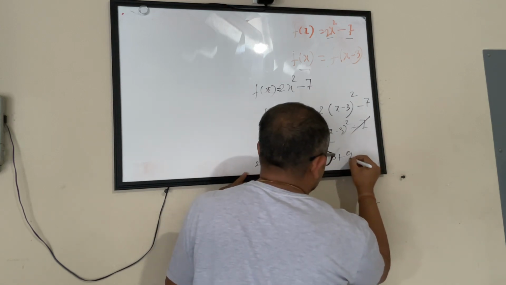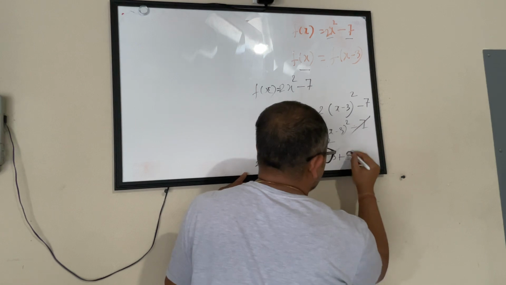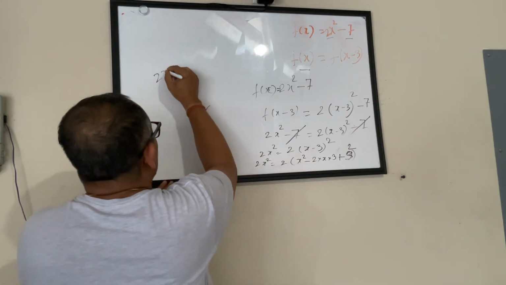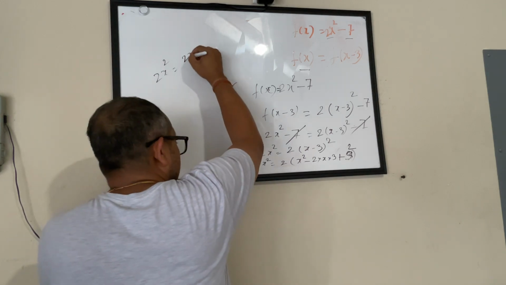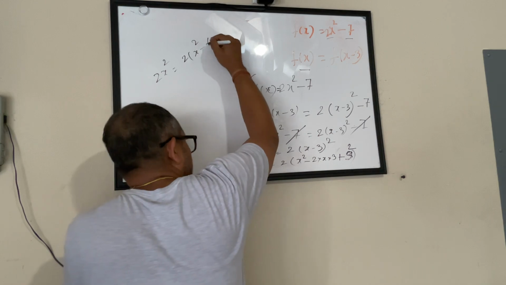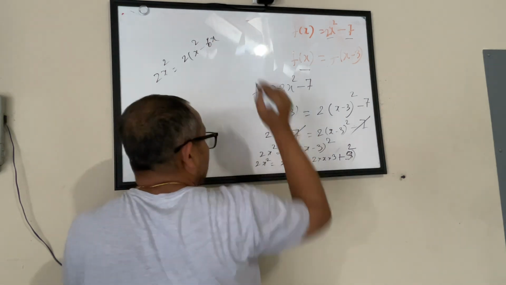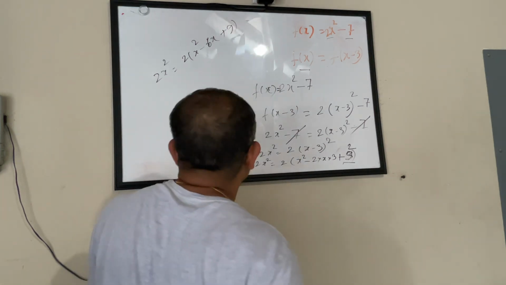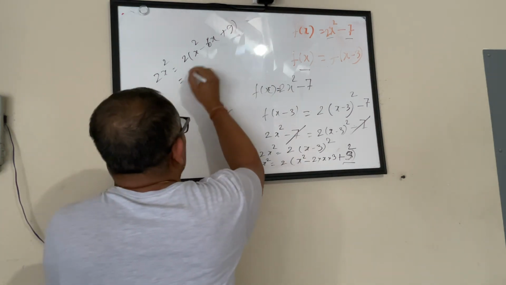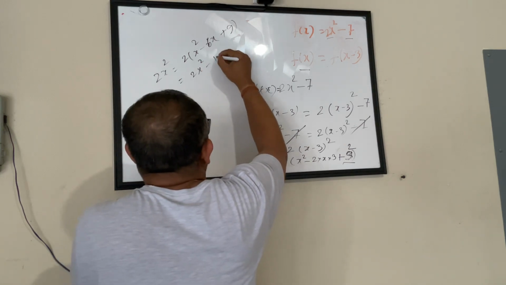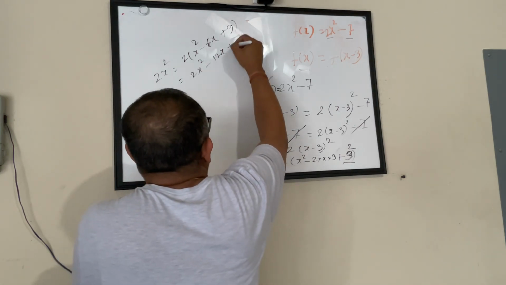So 3 squared will be 9. So we got 2x squared equals 2 into (x squared minus 6x plus 9). Let's break the bracket. It becomes 2x squared minus 2 into 6x, 12x, plus 18.